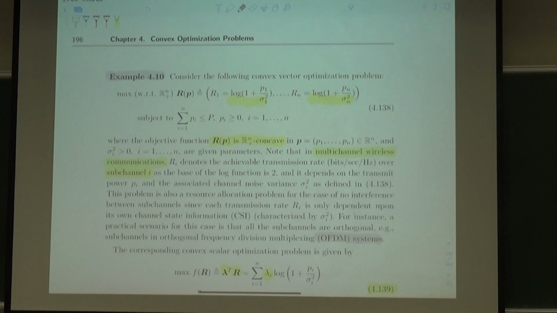So we would like to maximize the throughput rate. The throughput rate when user 1 uses channel 1 to transmit with power P1 depends on the channel quality from transmitter to receiver.